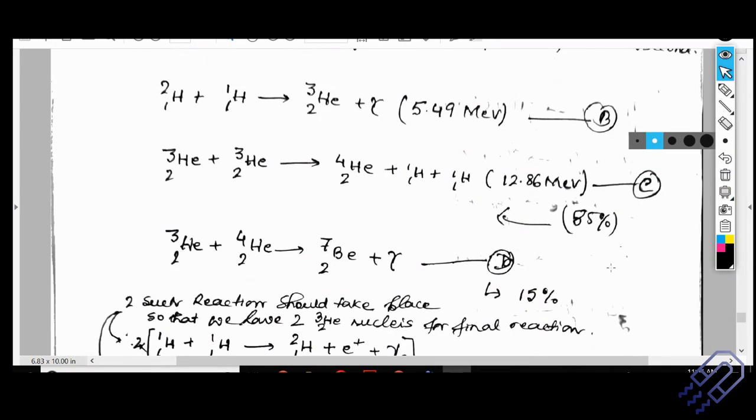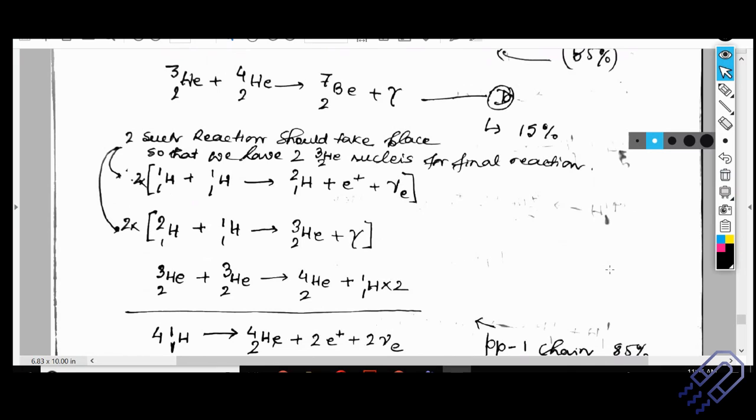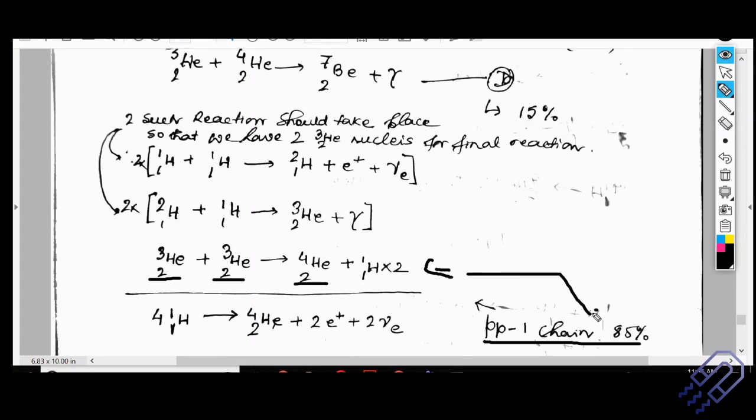So this is the first cycle, which is the proton-proton cycle. This is important, and this is one of the questions that I asked last semester: explain the reactions that are happening in the proton-proton one cycle. If we are going to get helium 3 and helium 3 combining to give helium 4, which has the chances of 85% reaction, that means you should get helium 3 from somewhere and another helium 3 from somewhere.